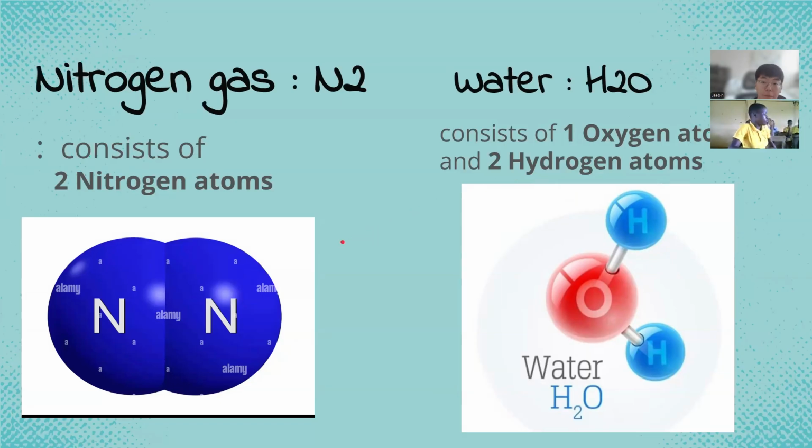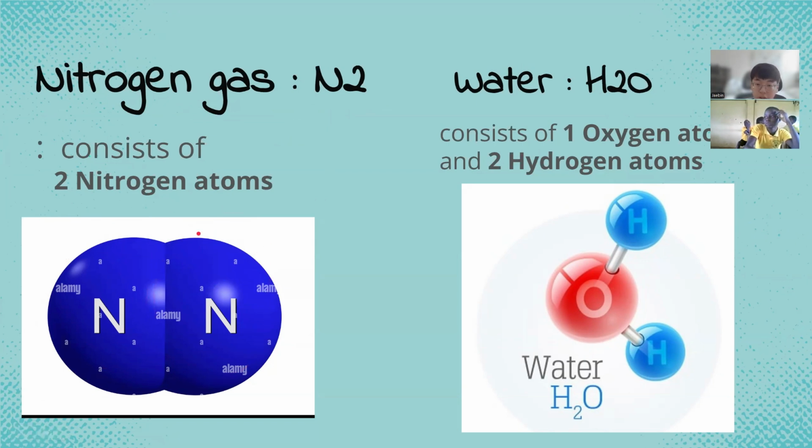And we learned about molecules, right? We learned about elements versus compounds. So we have nitrogen gas, N2, which consists of two nitrogen atoms. So this will be just one type of atom, right?